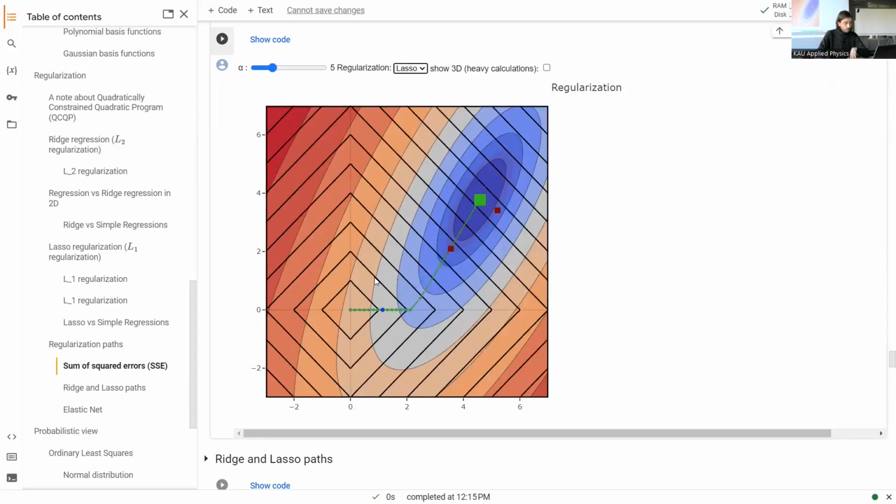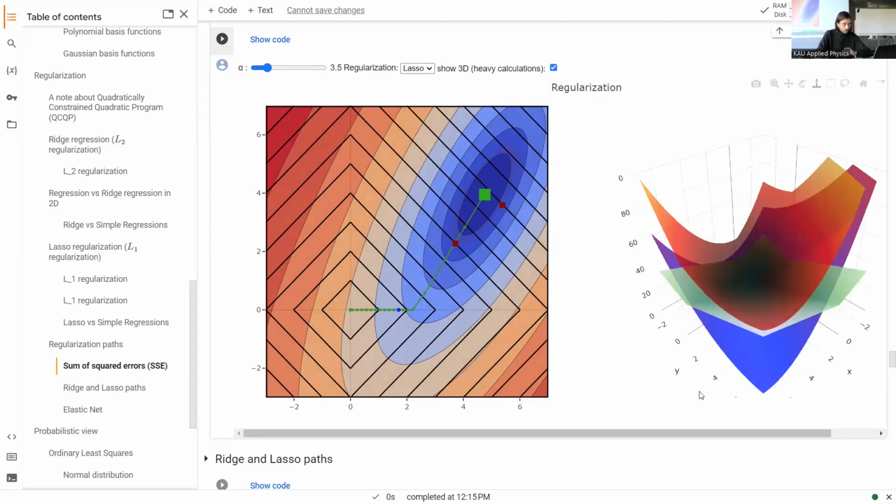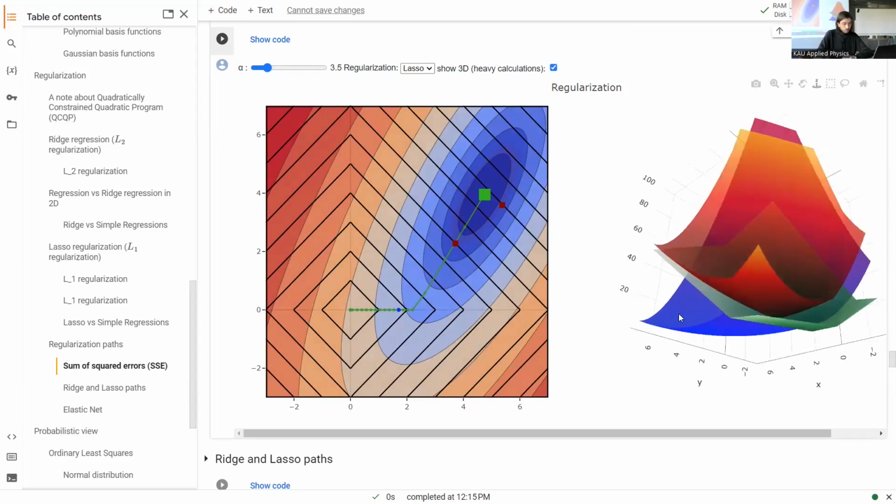And in case of Lasso regression, I have this picture. And you see that at some point, when I had the strength of regression big enough, I get to the x-axis, and then I stay on that x-axis. It means I have removed one of the parameters. Maybe you will play around with that for some time.